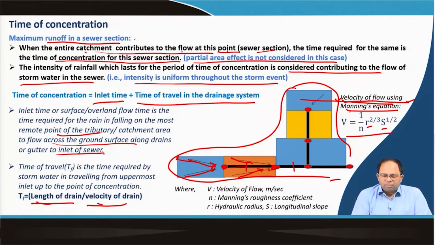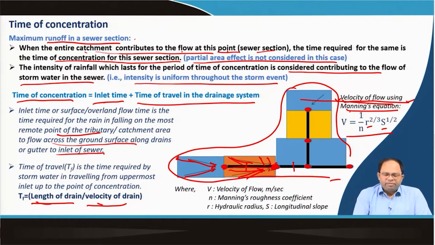So, here water comes using inlet time and then time of travel along the sewer network. So, that is how we determine the point of concentration, and also water comes from this point and so on. So, we have to determine that. That is how we will determine the total time of concentration for each of these points of consideration, based on which we will determine the quantum of the maximum runoff that would be generated for this particular case.